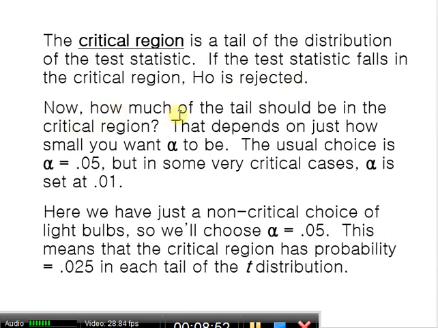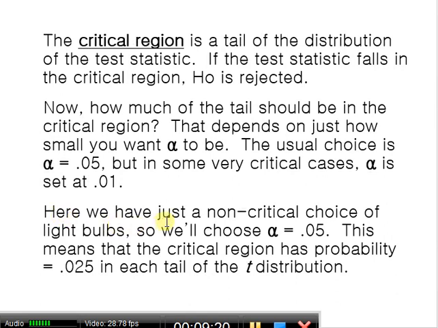Now, how much of the tail should be in the critical region? It depends on just how small you want alpha to be. The usual choice is alpha equal to 0.05, but in some very critical cases, alpha is set at 0.01.